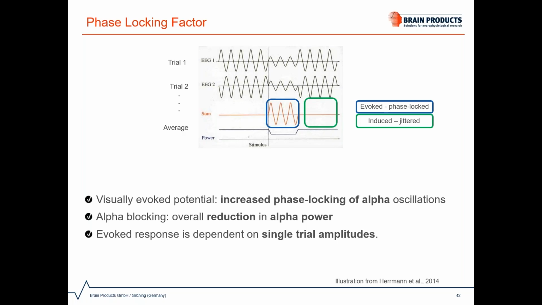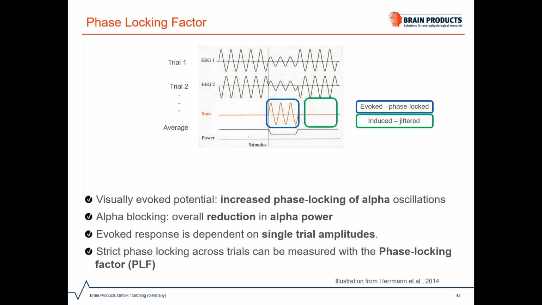This is important to consider when testing phase locking to an event, because the portion of the evoked response that is only due to the phase locking is not easily distinguishable from the portion that is based on the amplitudes of the single trials. And comparing between conditions with differing amplitudes can be ambiguous.